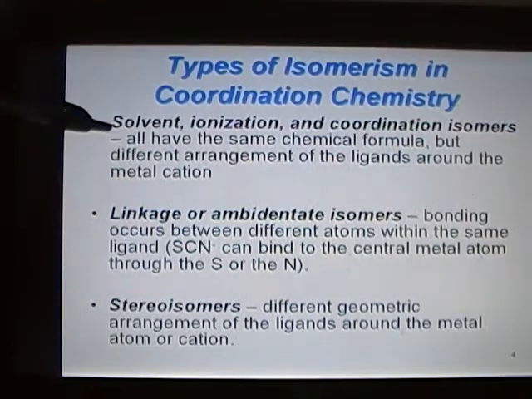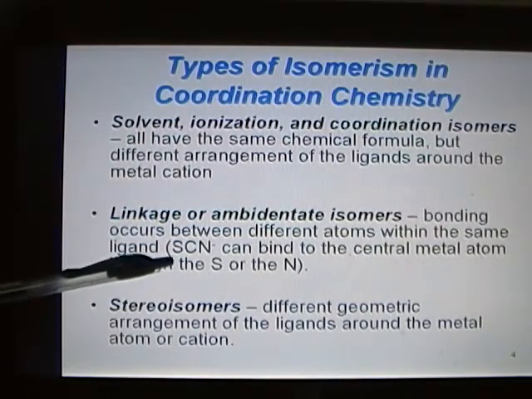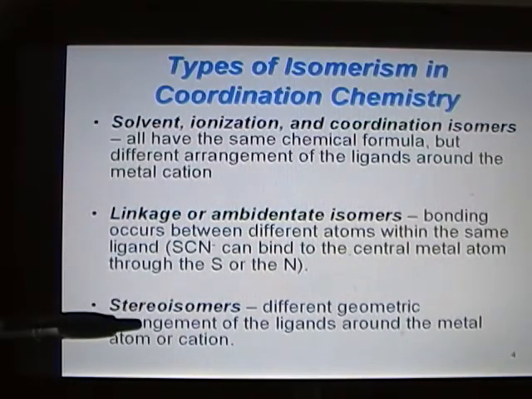We will look at examples of these shortly. Linkage or ambidentate isomers: bonding occurs in these isomers between different atoms within the same ligand. So remember, SCN is a special ligand. It can form a coordinate covalent bond with either the sulfur or the nitrogen.